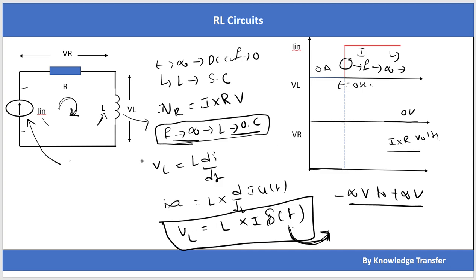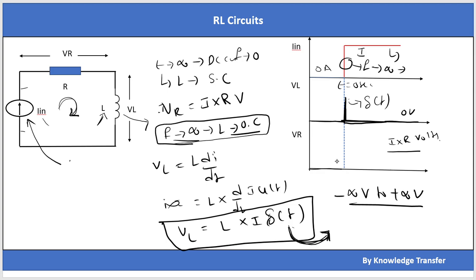That's how the inductor will be compromised and the step current will be flowing through the inductor. So there will be a voltage across the inductor at t is equal to 0 seconds, and then the voltage will be 0. Sorry, it's not a step voltage, there will be an impulse voltage applied across the inductor at t is equal to 0, and then the I current will be flowing through the inductor.